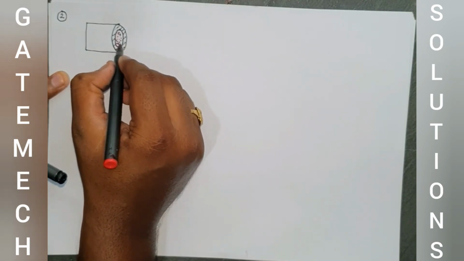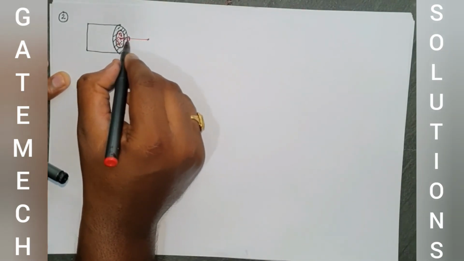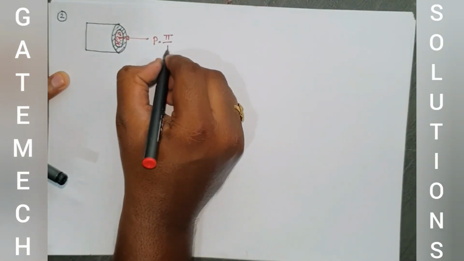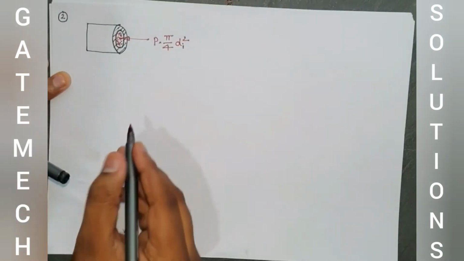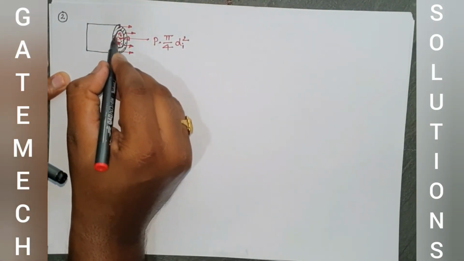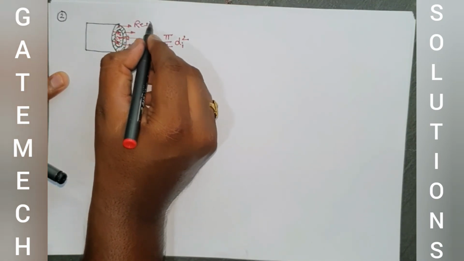And this is the area for pressure. Pressure force is acting in that area only, P multiplied by pi by 4 d square. Now this is the area which will offer resisting force against this failure. Resisting force.